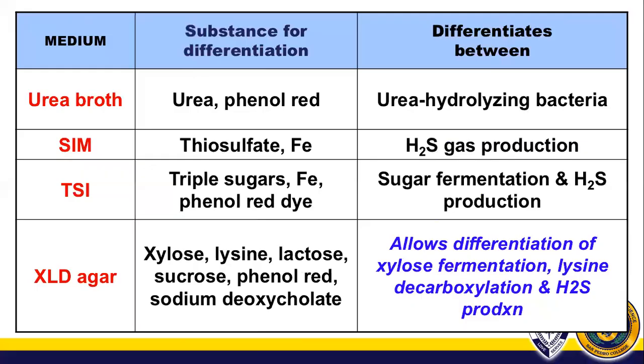TSI, or triple sugar iron agar, contains three sugars and the phenol red dye, which is the indicator to demonstrate sugar fermentation. And iron, of course, is used to demonstrate formation of hydrogen sulfide. And then XLD, or xylose lysine deoxycholate, allows differentiation of xylose fermentation, lysine decarboxylation, and hydrogen sulfide production.